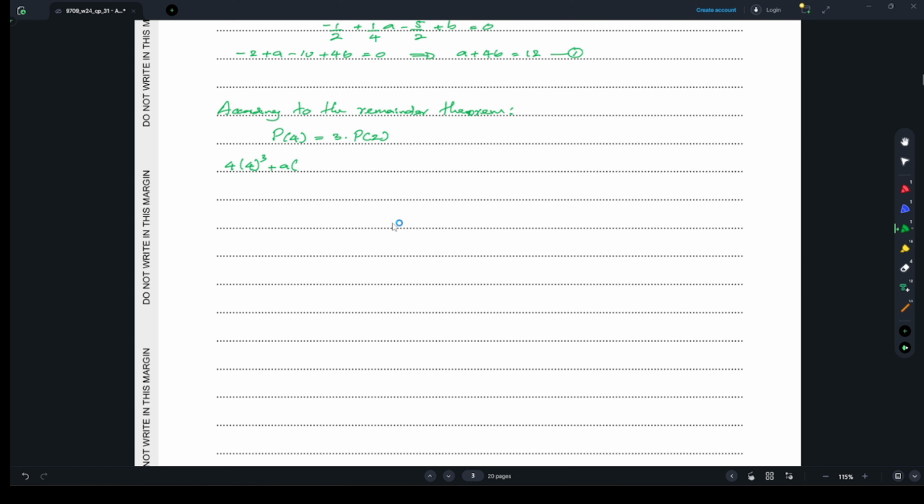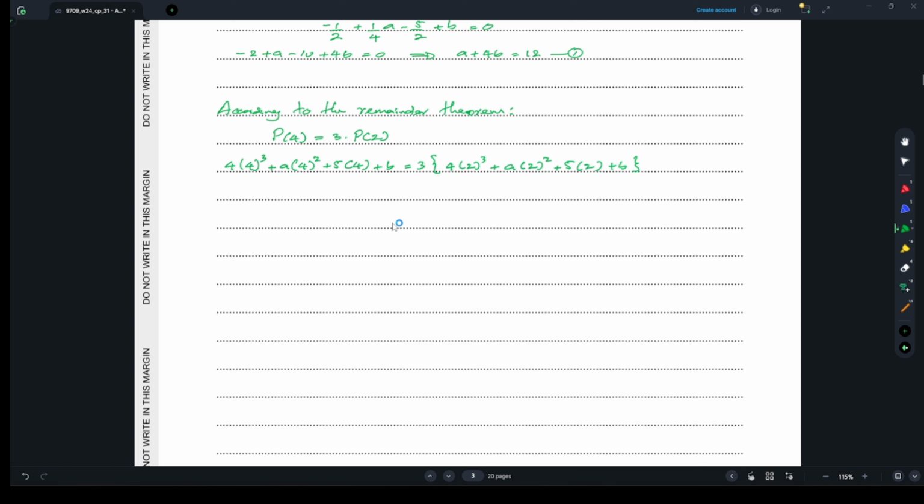plus a times 4 squared plus 5 times 4 plus b equals, here we have 3 times, so 2 cubed here plus a times 2 squared plus 5 times 2 plus b.